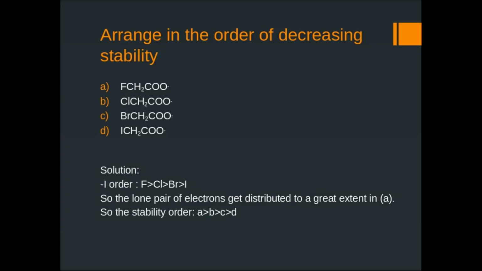Because this inductive effect is effective up to the third carbon, and here we have up to the second carbon, the effect is applicable here. Then after fluorine it follows chlorine, then bromine, and then iodine. So this is one type of question.